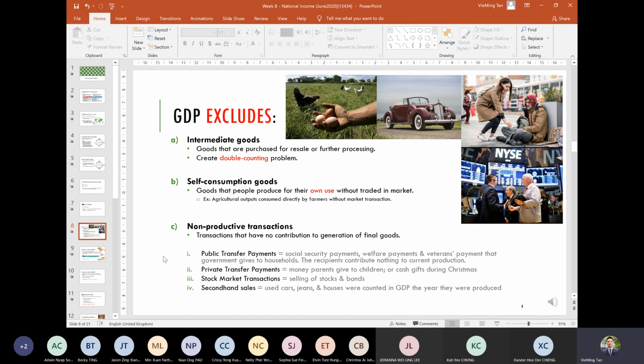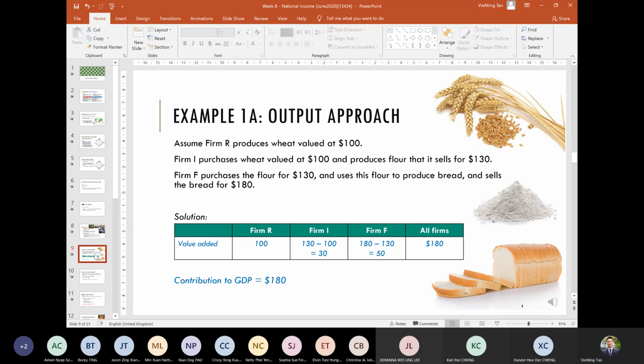So now let us try one example on how to do national income or GDP calculation if the output approach is applied. This is a case study. Assume that firm R produces wheat valued at $100.